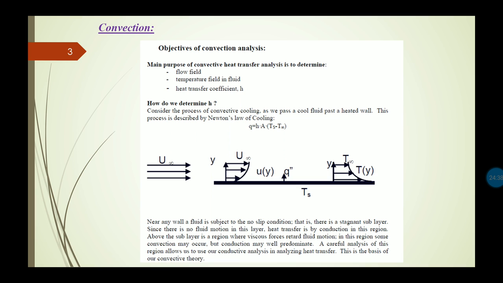Earlier we studied Newton's law of cooling for convection heat transfer, that is Q equals hA times the temperature difference. So this small h was the convective heat transfer coefficient. These are the main purposes of convective heat transfer analysis: to determine the flow field, the temperature field, and the heat transfer coefficient.